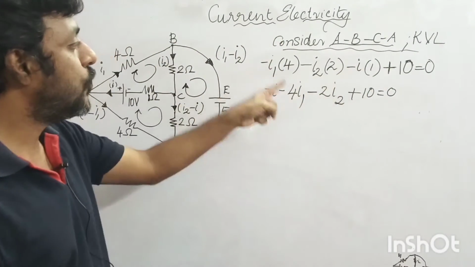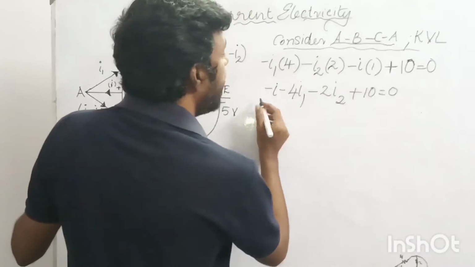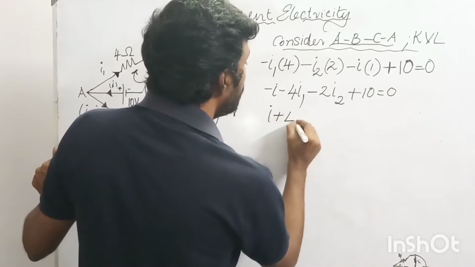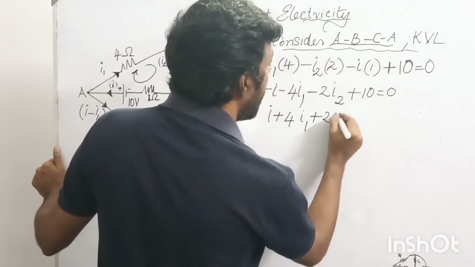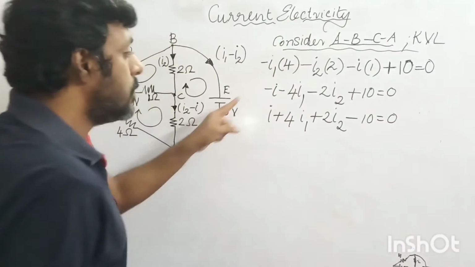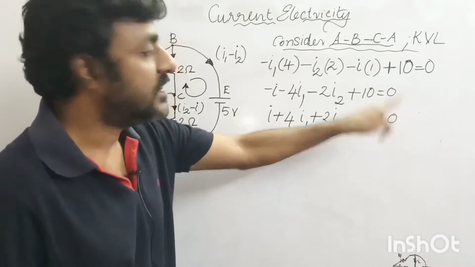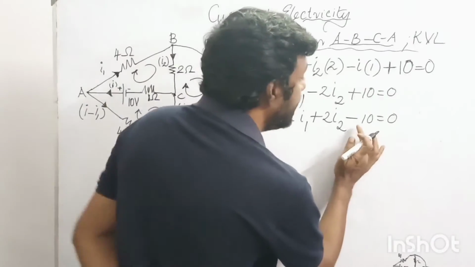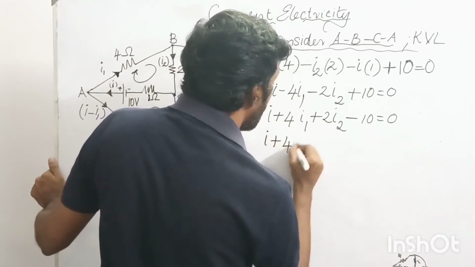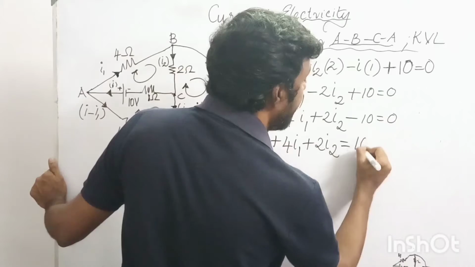Now I am going to change the signs. It will be I plus 4I1 plus 2I2 minus 10 equal to 0. Now I take this 10 to the right hand side, so it will be I plus 4I1 plus 2I2 equal to 10.